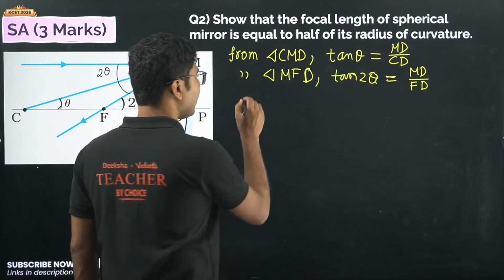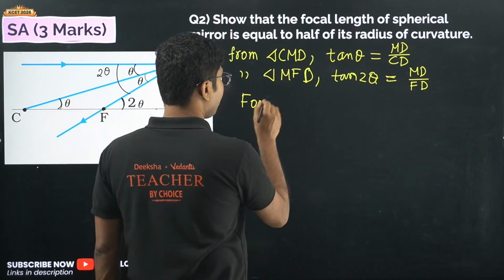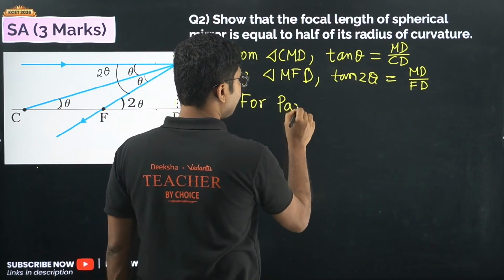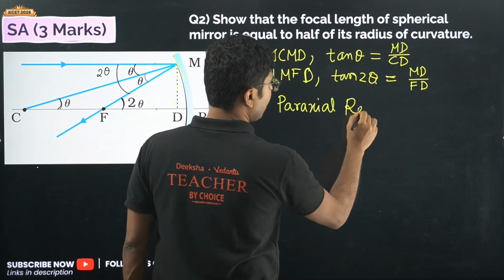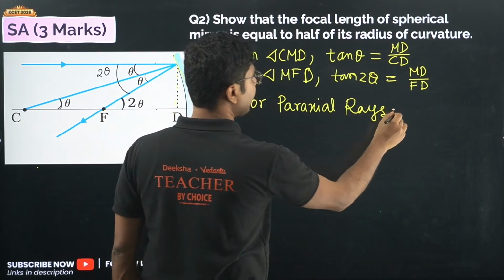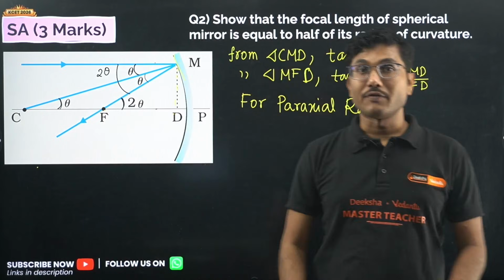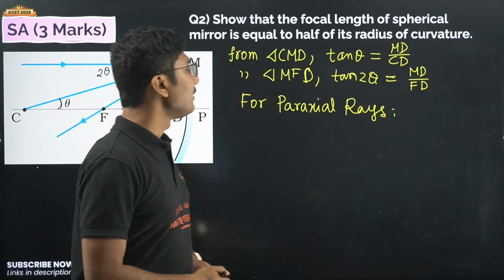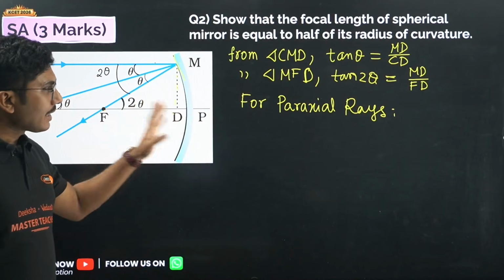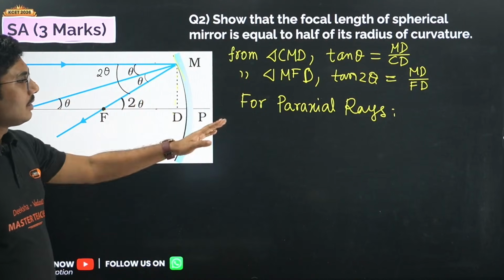For paraxial rays, what is a paraxial ray? Paraxial rays means the ray of light is very close to the axis. Clear? So for a paraxial ray, what is the condition?